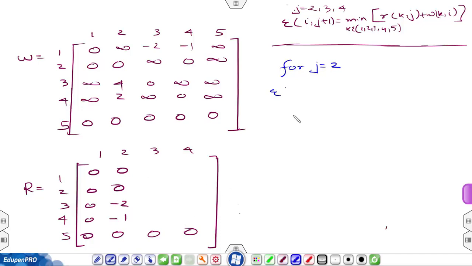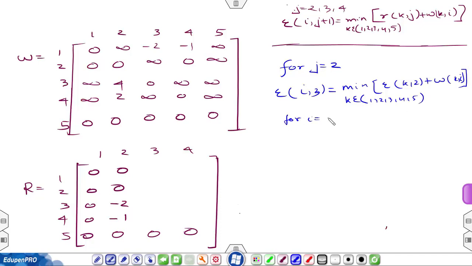Yes, for this j will be 2, and the equation will be R of i comma 3 equal to the minimum of R of k comma 2 plus w k comma i, and the value of k is 1, 2, 3, 4 and 5.